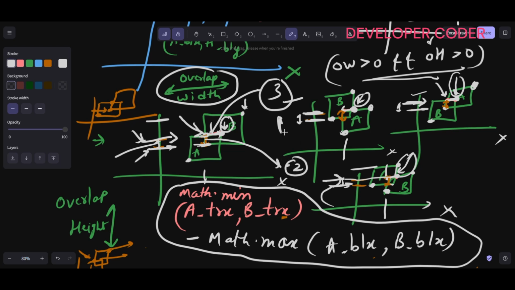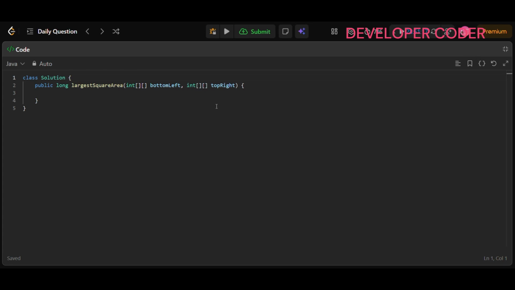Among them you have to pick the minimum, because you need to fit the square box. Whatever side you get, just multiply it by the side again so that you get the area. That's it. And now I'm going to write the code. Very, very simple. Let's move to the code part now.